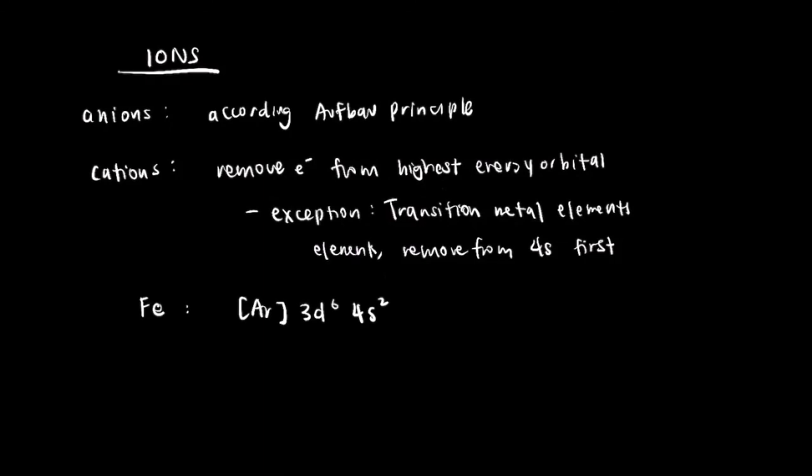So if we are trying to write out the electronic configuration of the iron 2 plus ion, we remove 2 electrons from the 4s orbital, giving us argon 3d6, since we have removed the 4s orbital. And for the iron 3 plus ion, we have argon, and we are removing 3 electrons. So we take away 2 electrons from the 4s sublevel, and then we remove 1 more electron from the 3d sublevel, leaving us with argon 3d5.